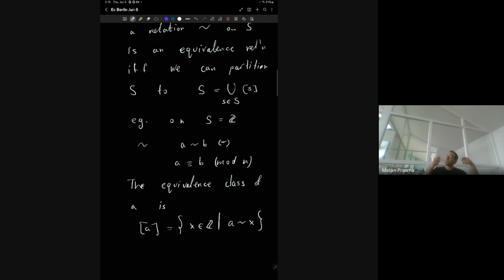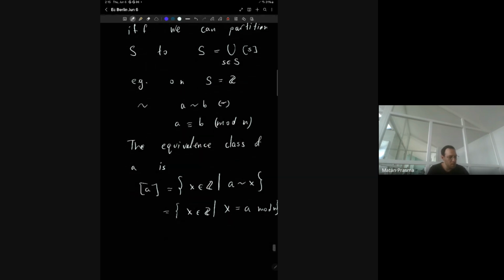The equivalence class is all the guys that are equivalent to you. To write it more concretely, in our case it means all the x in Z such that x is equal to a modulo n. If you now run over all a in Z, you get a partition.